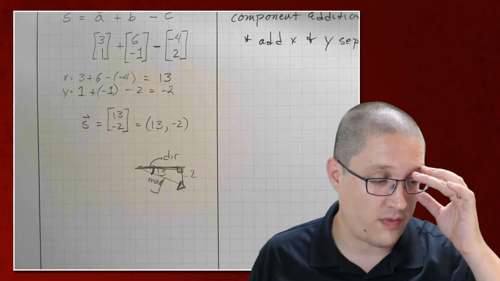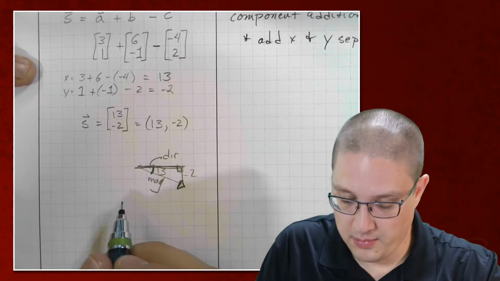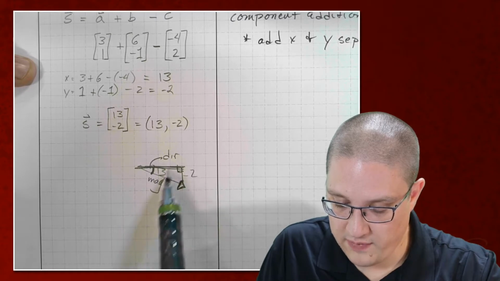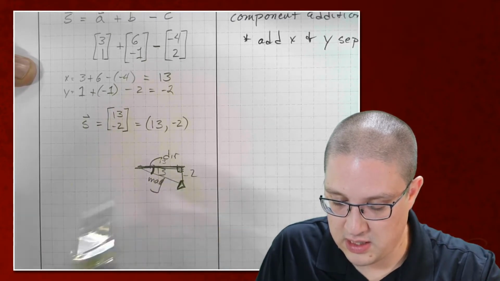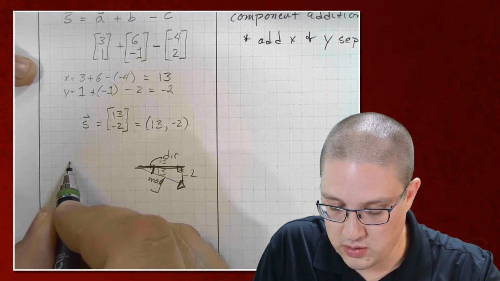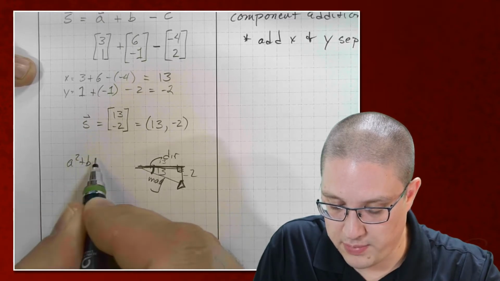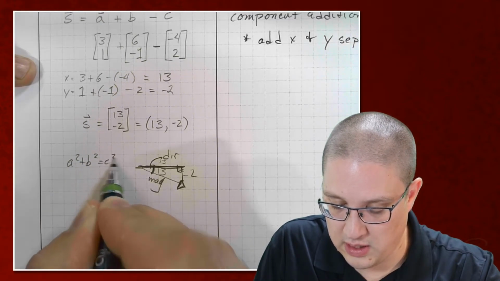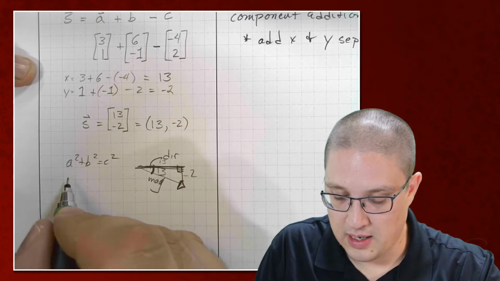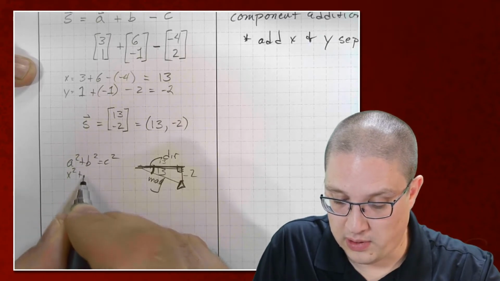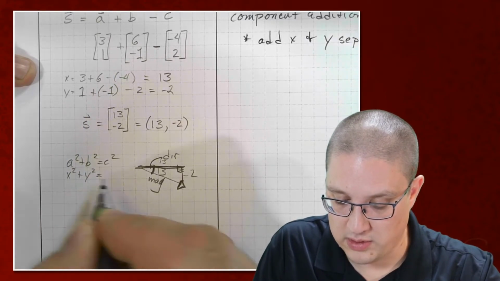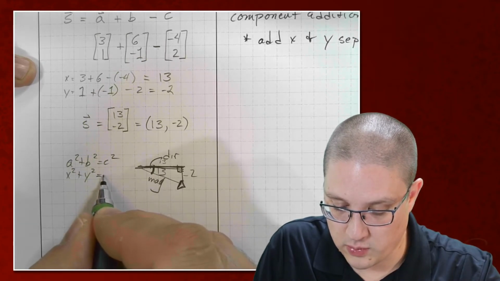So starting off, my magnitude, I'm going to go, hey, you know what? I've got two sides to this, 13 and 2. So I can use a squared plus b squared equals c squared. Or if you prefer, x squared plus y squared equals my resultant squared.